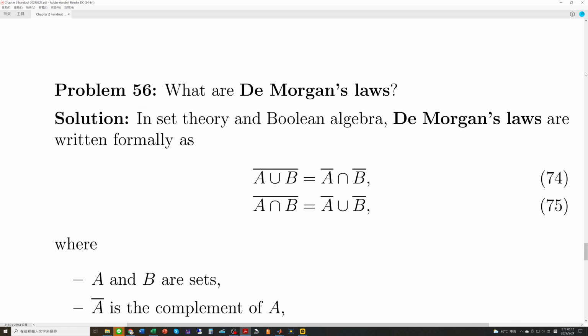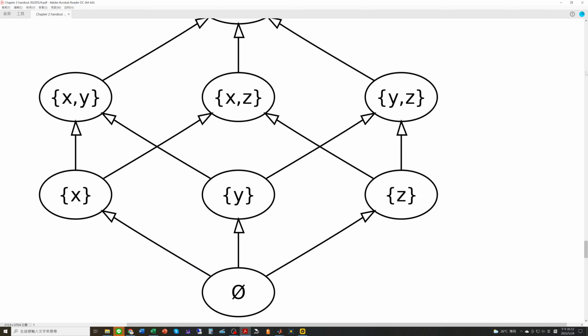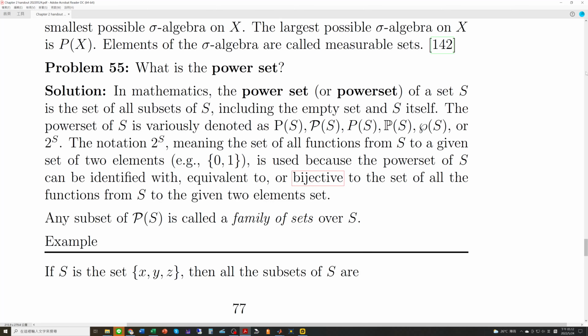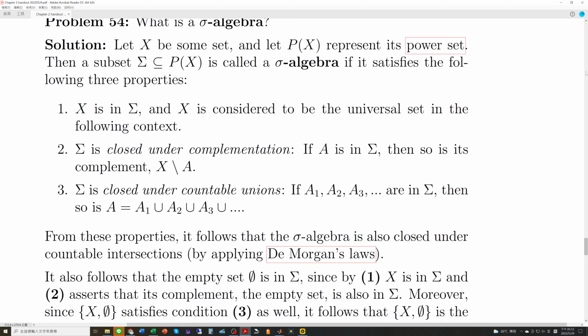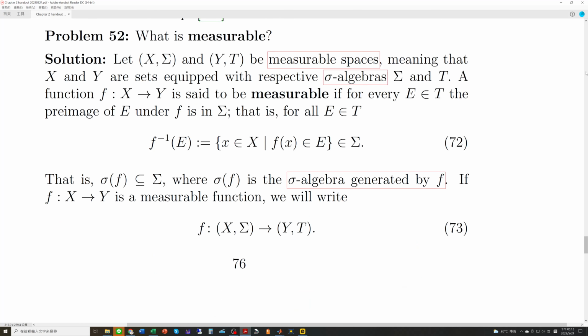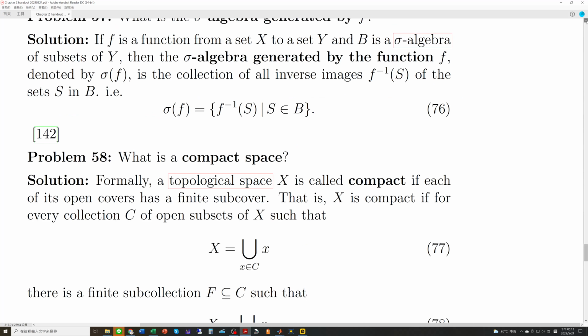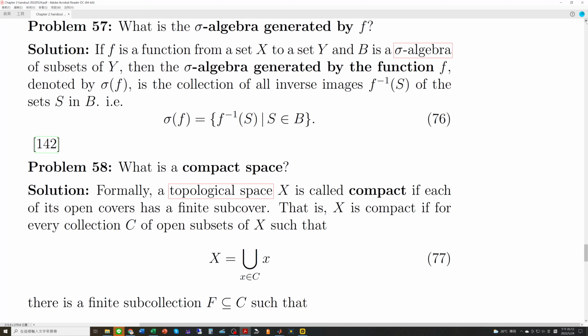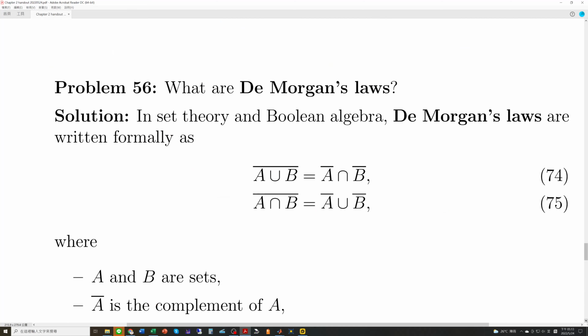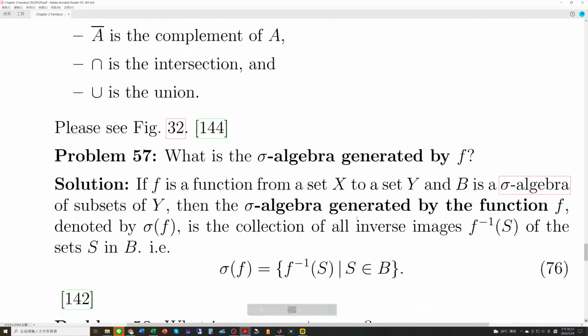Because we have mentioned it in the solution to problem 52, what is measurable. Let us see the solution.